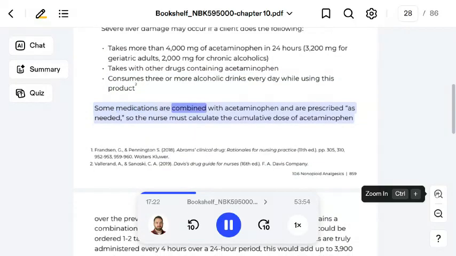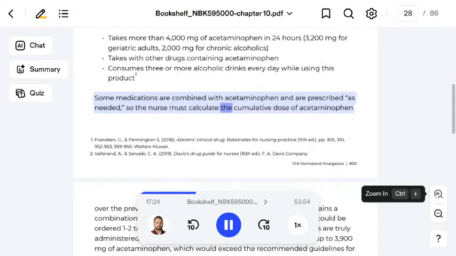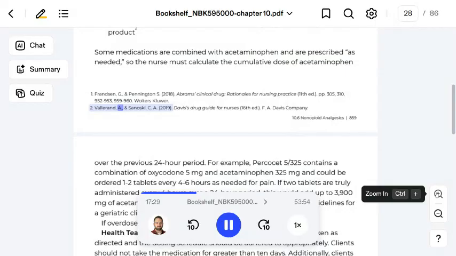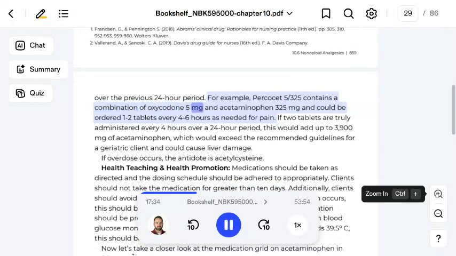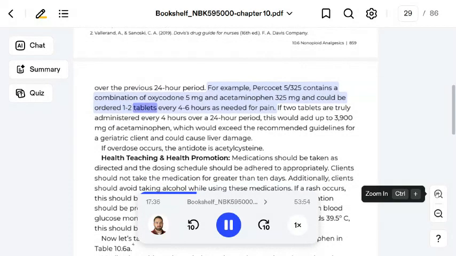Some medications are combined with acetaminophen and are prescribed as needed, so the nurse must calculate the cumulative dose of acetaminophen over the previous 24-hour period. For example, Percocet 5/325 contains a combination of oxycodone 5 mg and acetaminophen 325 mg, and could be ordered 1 to 2 tablets every 4 to 6 hours as needed for pain.